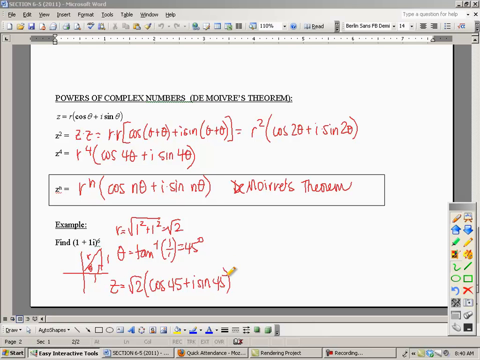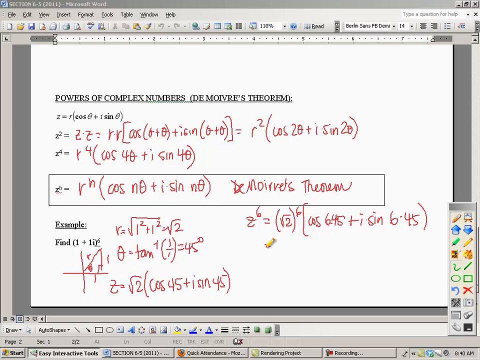Okay, if this is my normal trig form, then we're going to take this complex number and raise it to the 6th power, which means we take the square root of 2 to the 6th power, and we take the cosine of 6 times 45 plus i times the sine of 6 times 45.